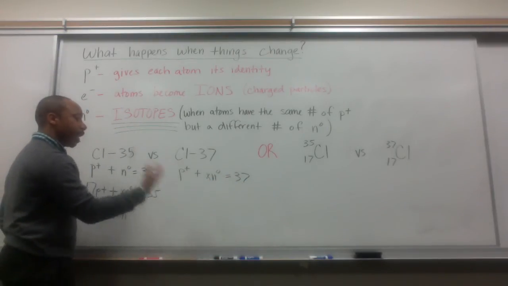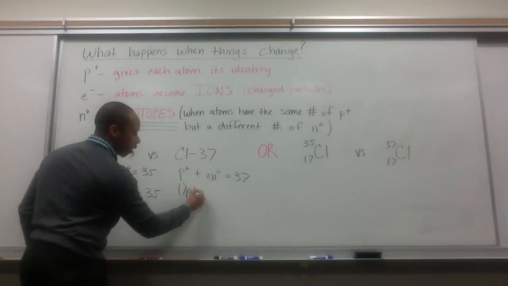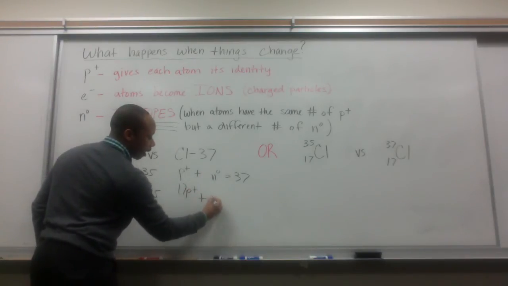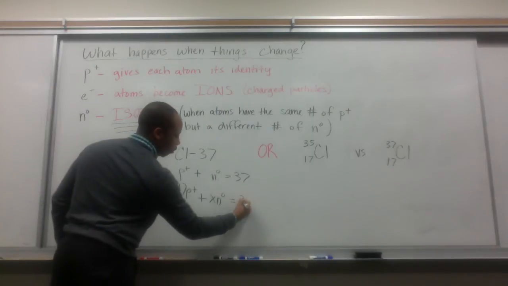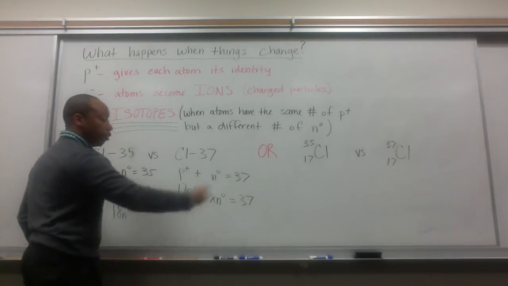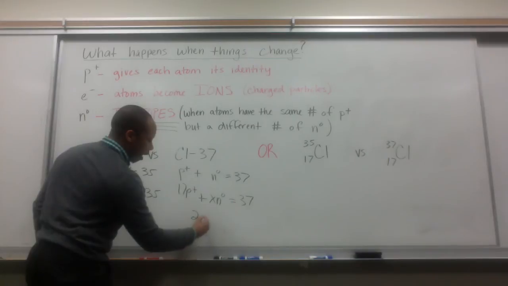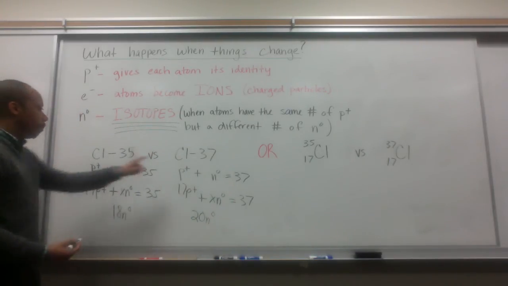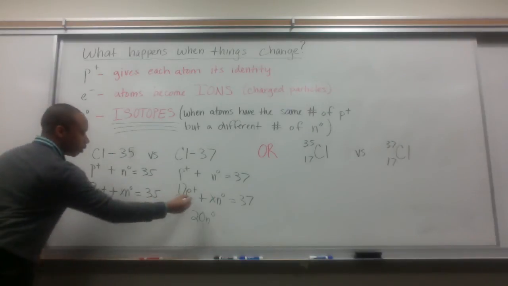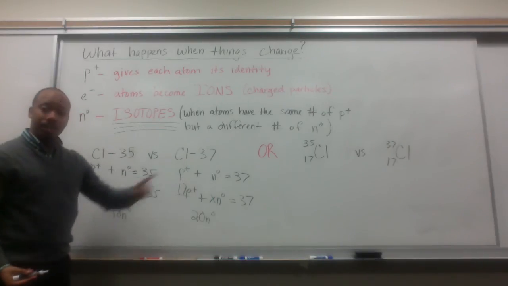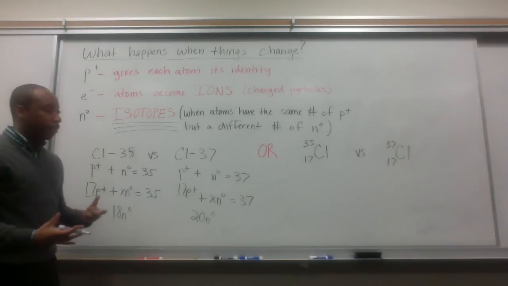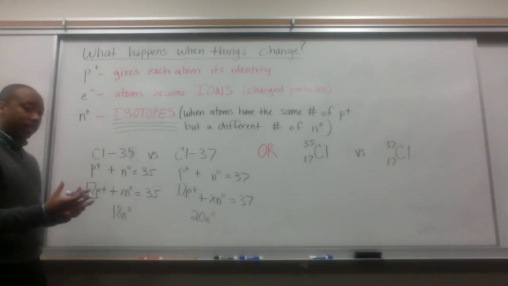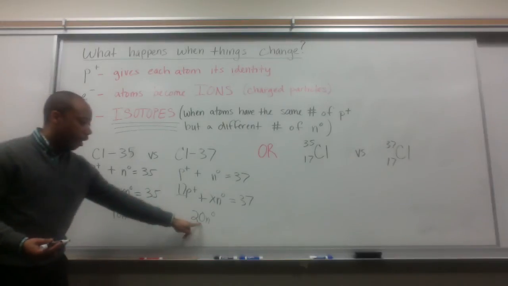Again, if I have 17 protons plus X number of neutrons equaling 37, then I'll have 20 neutrons. So they're both chlorine, meaning they both have 17 protons, but they have different masses due to the differing neutrons, which makes them isotopes.